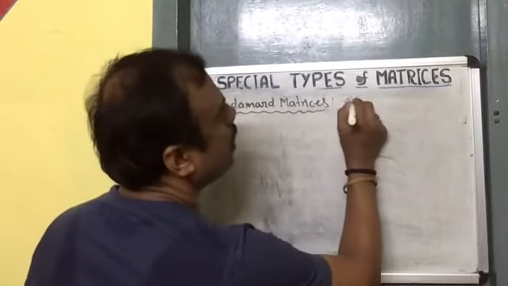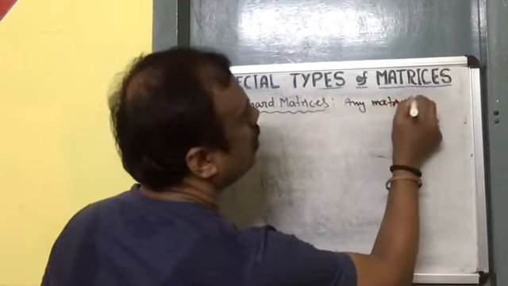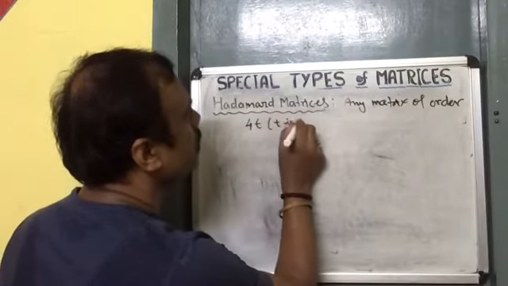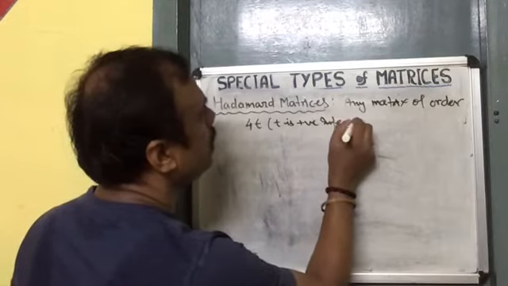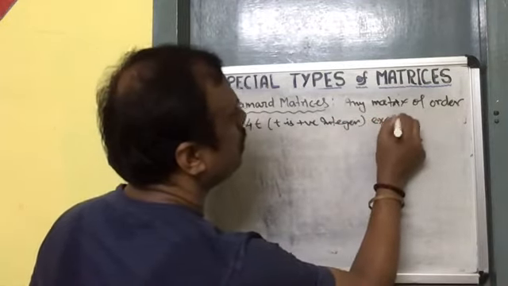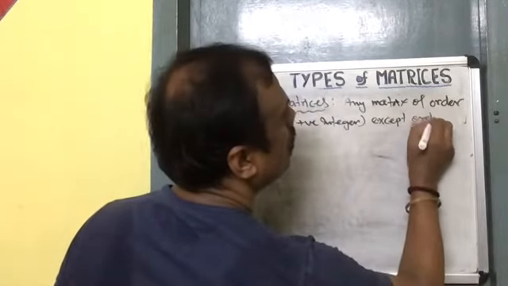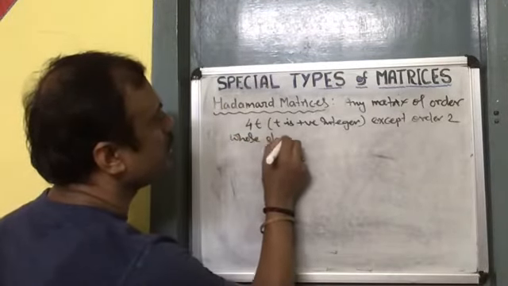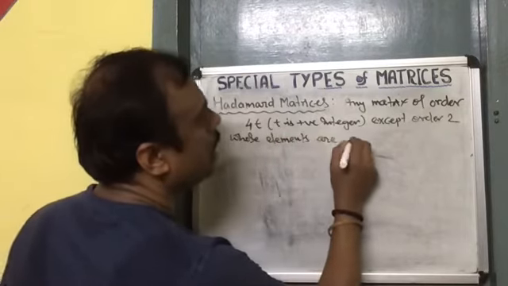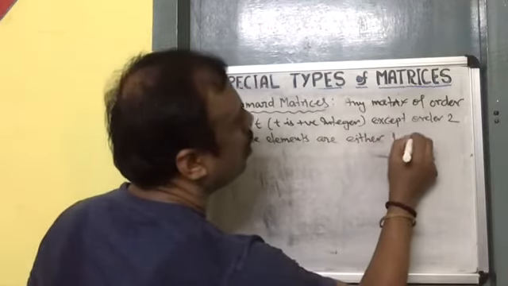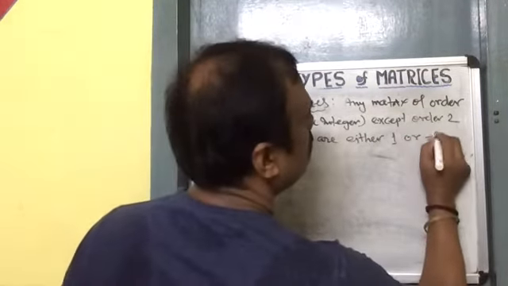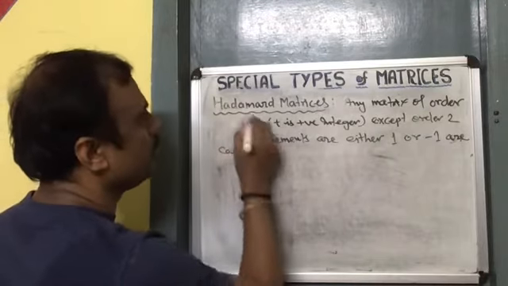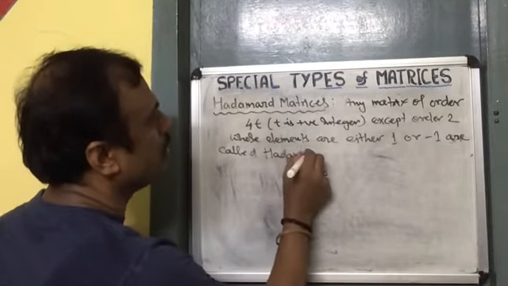Any matrix of order 4T, T a positive integer, except of order 2, whose elements are either 1 or -1, is called a Hadamard matrix.